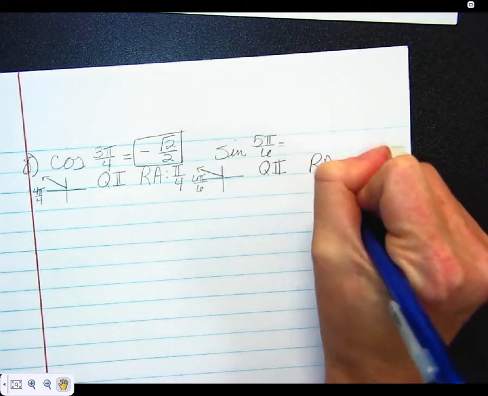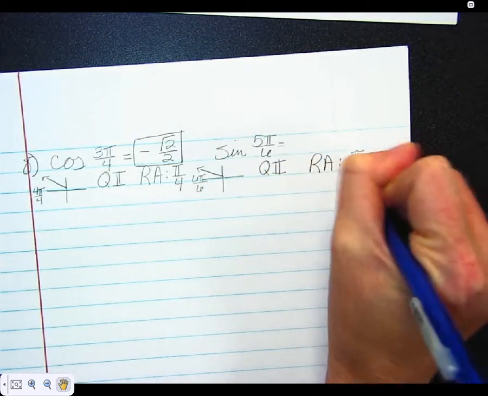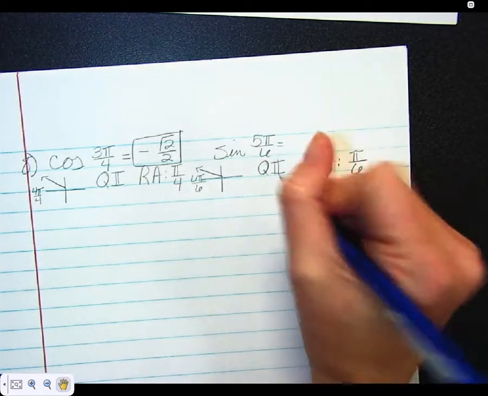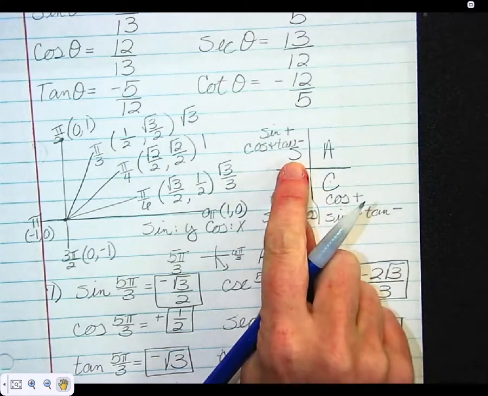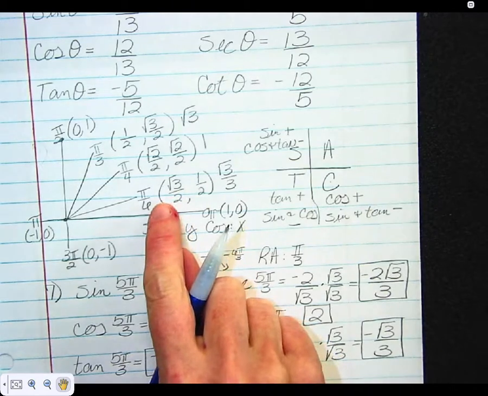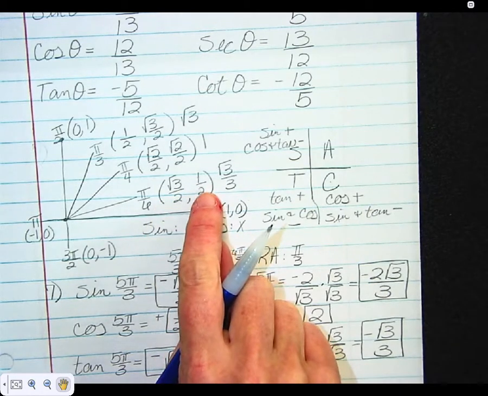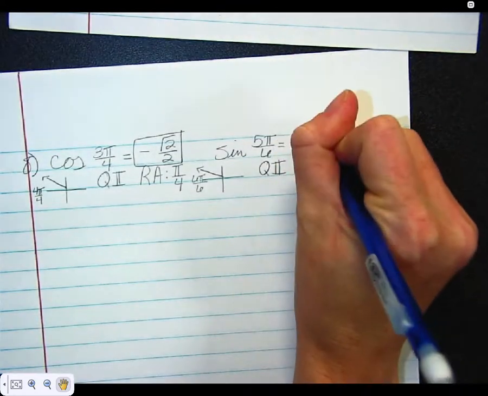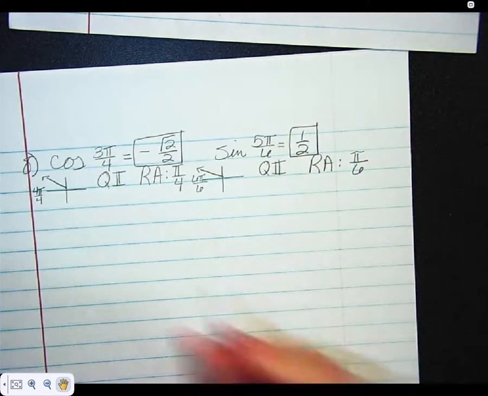And my reference angle is going to be 1 pi over this denominator that we're given, so over 6 right there. So in the second quadrant, I know that sine is positive, and I'm working at pi over 6, and I'm looking for my y value since sine is y, so I'm going to have positive 1/2.